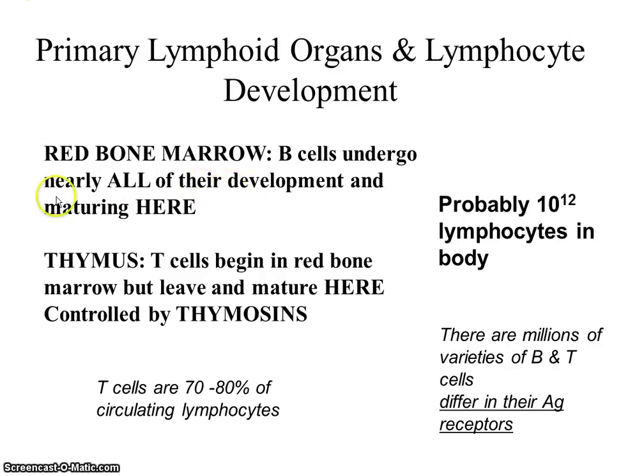The T cells do not. They're born here and they move to the thymus, and here's where their gene expression is adapted to your body and the situation of your life. And I said again, they're controlled by hormones such as thymosins that we mentioned back in the chapter on endocrine.